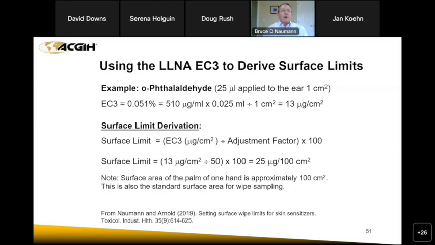So to derive the surface limit, we take that and divide it by our adjustment factor, which is 50, and then multiply it by 100 to normalize it to 100 square centimeters. So in this case, it calculated out to be 25 micrograms per 100 square centimeters, and that's well below visible. This is used as a sterilant for surgical equipment.